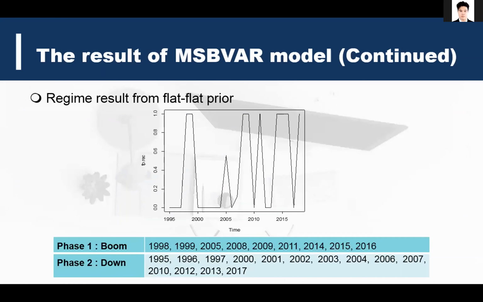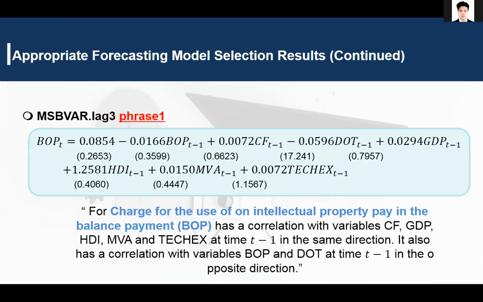After that, the data of trade and technology absorption are separated into two phases, high and low. Phase 1 is boom, or high, and phase 2 is down, or low. Here is the analysis result by the Msbvar Lag 2 model, showing that each variable has a relationship with the others.